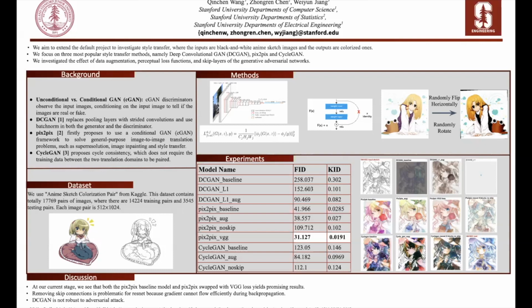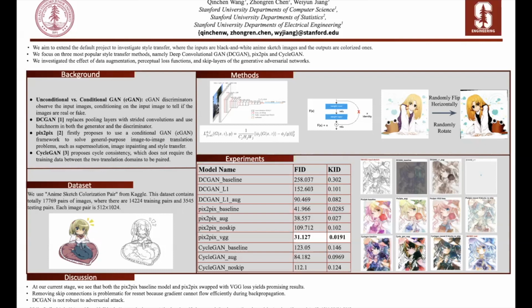On the second row, we can see all the pix2pix baselines and our modifications. From left to right goes from pix2pix baseline with data augmentation, with VGG loss, and with no skip connections. We can see that the baseline, data augmentation, and VGG loss perform relatively well on this task, but as opposed to what we originally thought, deleting the skip connections doesn't work that well.